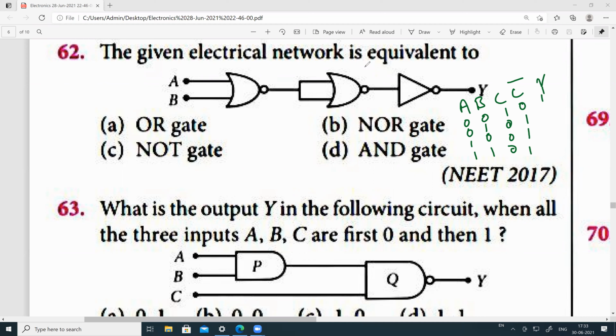So outputs are 1, 0, 0, 0 we are getting. So corresponding to this, the right answer is NOR gate.